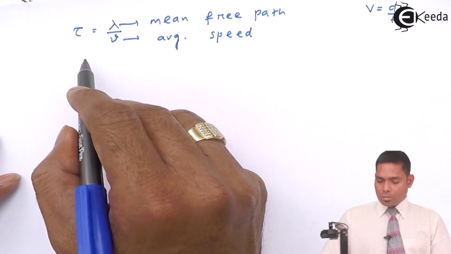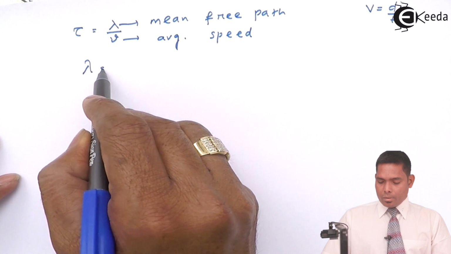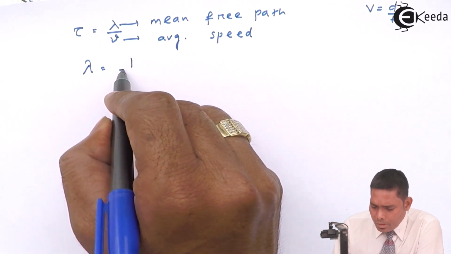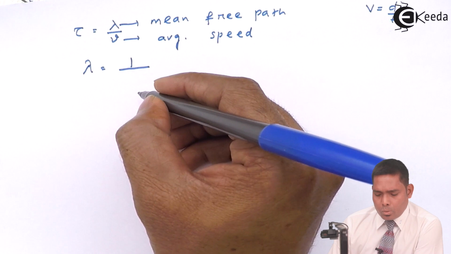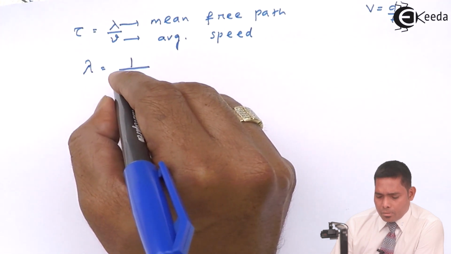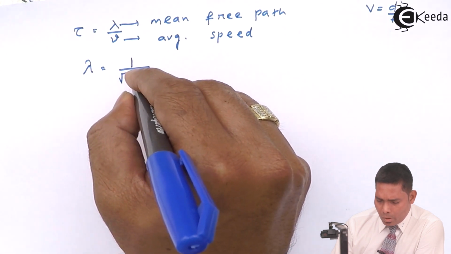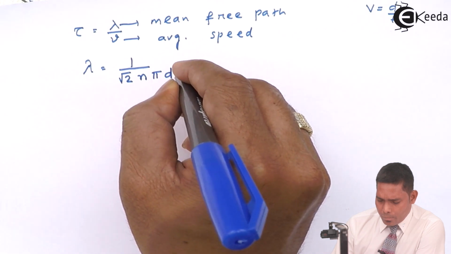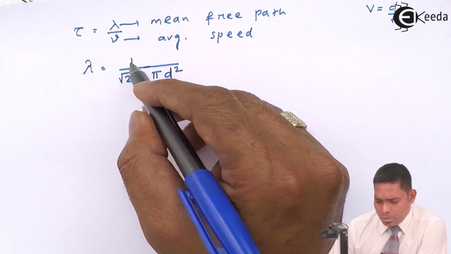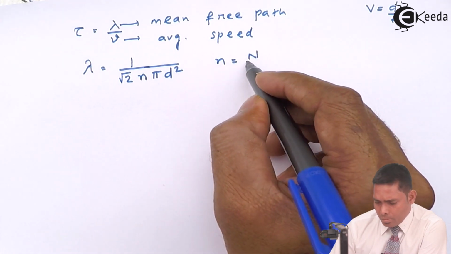Then I have to find the value of lambda. The lambda formula is something you have to understand. If you have forgotten, then you derive the expression or you just write the formula. Lambda is 1 upon root 2 n pi d square. This is the formula for lambda, the mean free path, where small n is the number of molecules per volume.